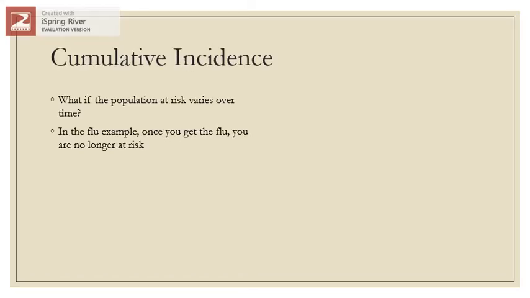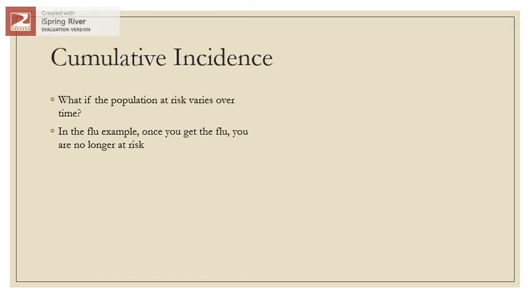Sometimes the population that's at risk of developing a disease can vary over time. In that case, it's more appropriate to calculate something called cumulative incidence. Say, for instance, you get the flu, but within a season, once you get the flu, you're not at risk of it anymore.